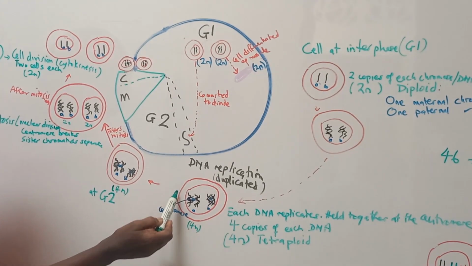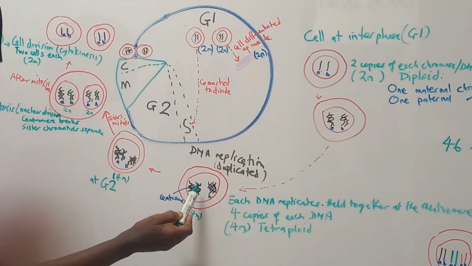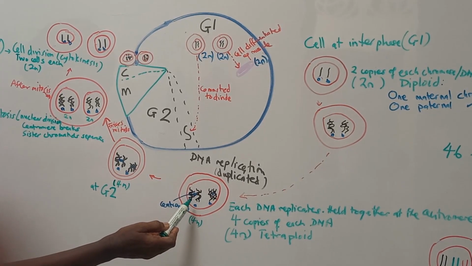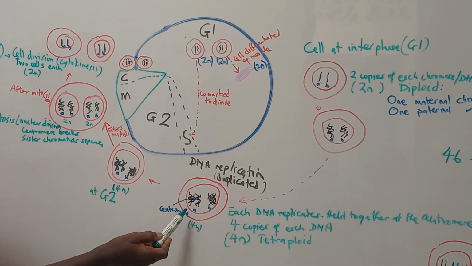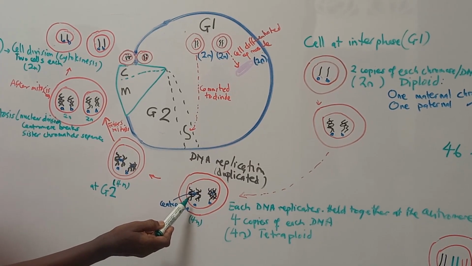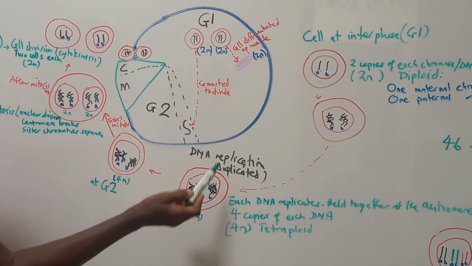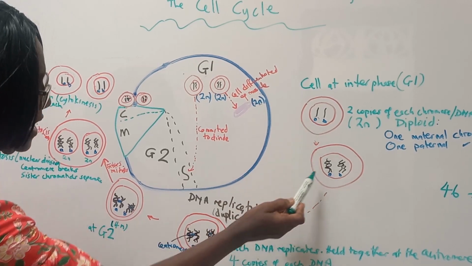So in the S phase, after the duplication or replication of DNA, you actually have 4 chromosomes. 1, 2, 3, 4. So you have 4 copies of each chromosome. One here, one here, one here. So these 2 chromosomes finally become 4.